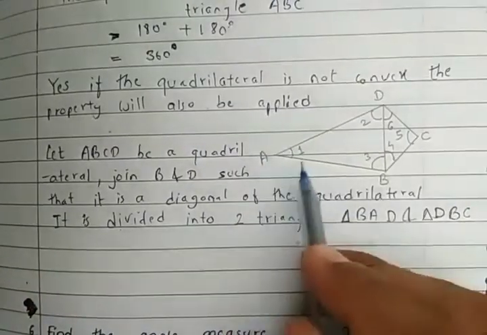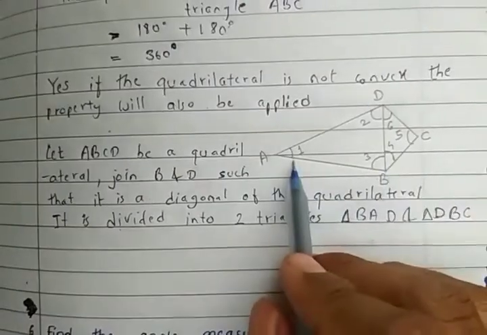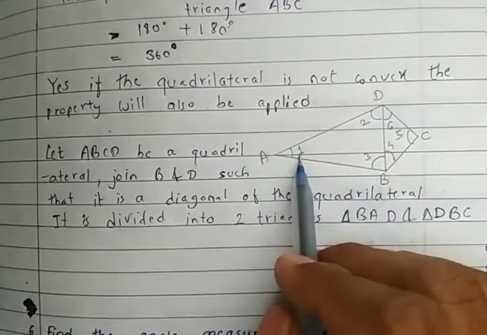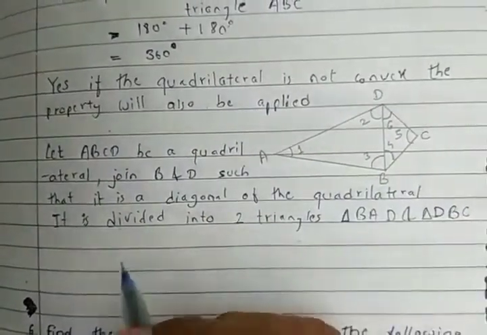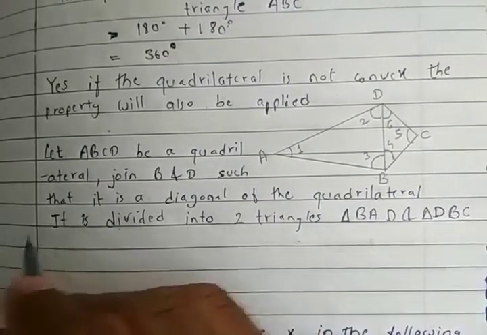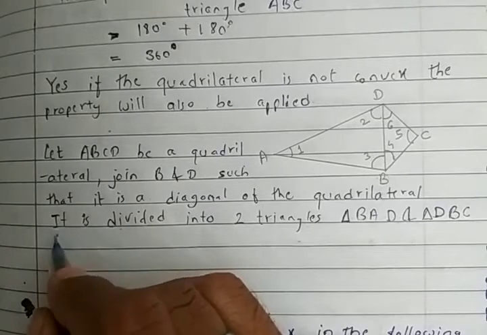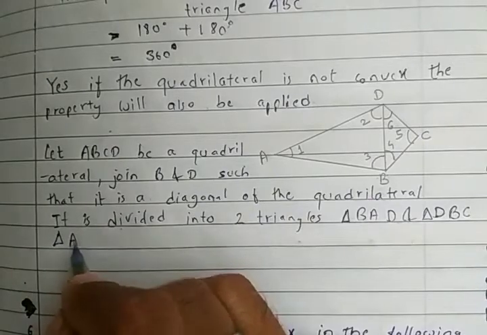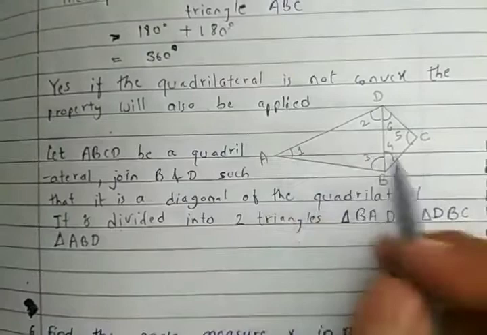Now what is the sum of the triangle BAD? It will be angle 3 plus angle 1 plus angle 2, and the sum of these three will be 180 degrees. How can you say that? Due to angle sum property. So we will write that triangle ABD. You can name this anyway, BAD or ABD.